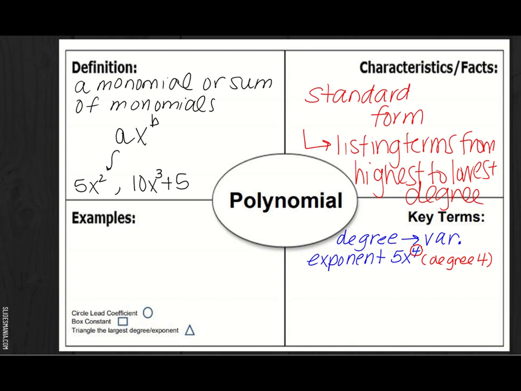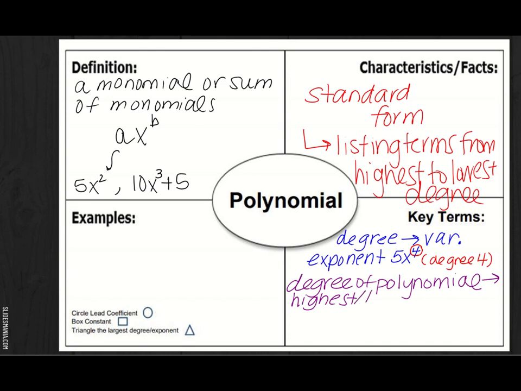Now, to determine the degree of a polynomial, let's continue with that. Degree in general is just the exponent of a variable. The degree of a polynomial, since that could be a bunch of terms added or subtracted together, is going to be the largest exponent, the highest exponent.